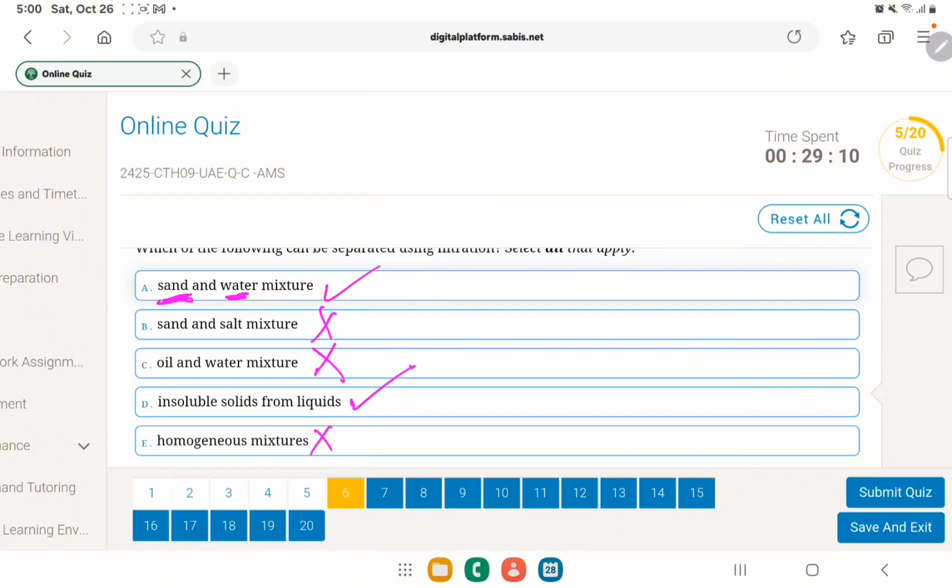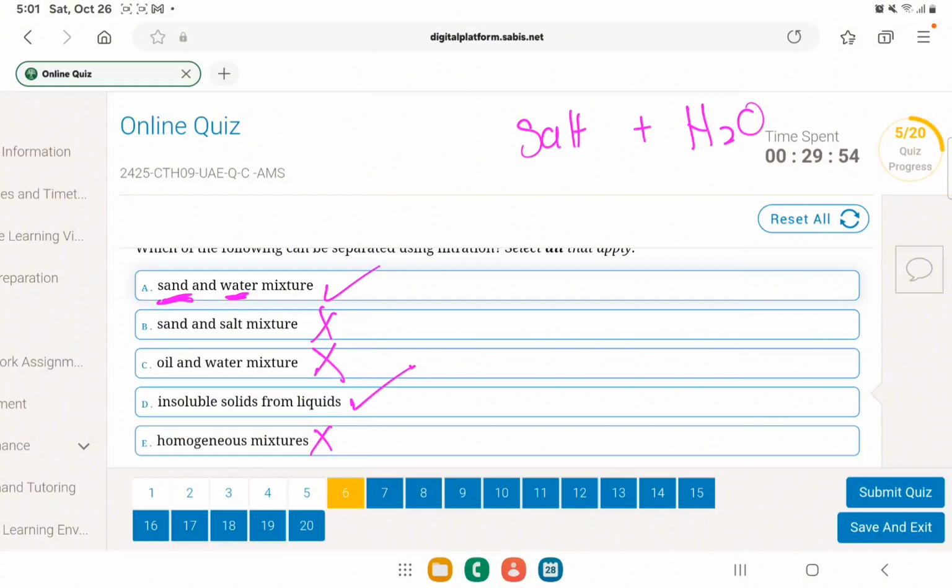Homogeneous mixtures, no. If you look at it with your eyes, you can't know that it's made of two compounds or something. Like with salt and water, if you dissolve salt in water, you can't look with your eyes and say, oh yeah, that has salt.